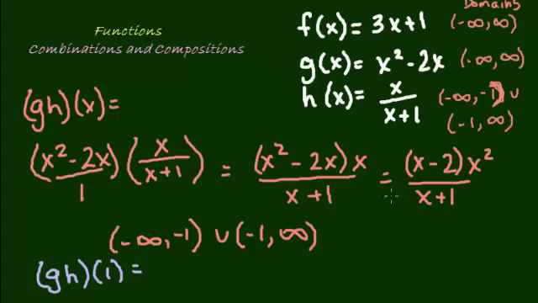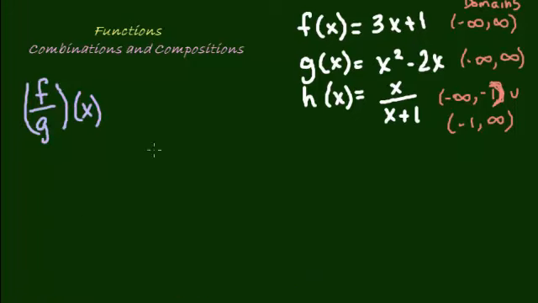Let's plug a 1 in there for x, and I'll get 1 minus 2 times 1 squared all over 1 plus 1. And that's going to give me negative 1 over 2.